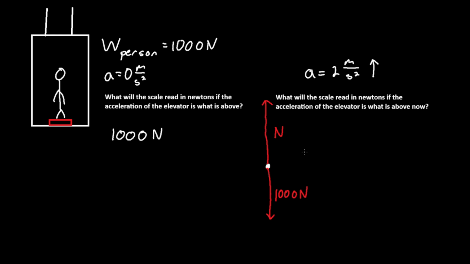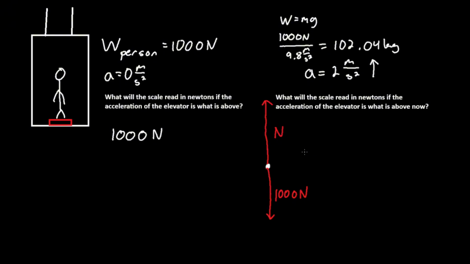But how would you solve for that? Well, first, let's solve for your mass. Weight is equal to mass times gravity. If you divide 1,000 newtons by gravity, 9.8 meters per second squared, you get 1,000 divided by 9.8, which is equal to 102.04 kilograms.